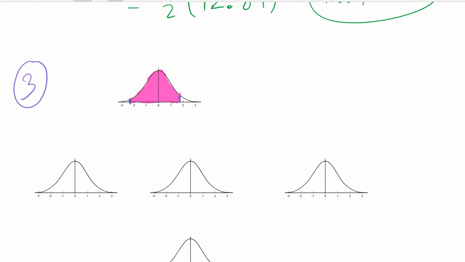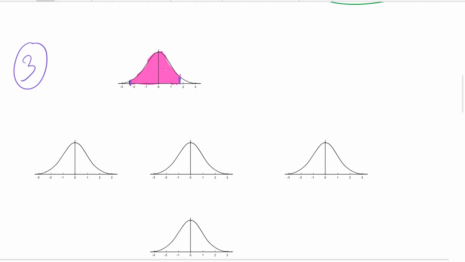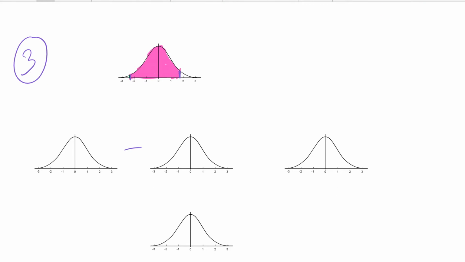But there is a relationship between the two. It's equal to the sum of 2 areas, and we're going to split this along 0 because we know it's symmetric about 0. Equal to the area from negative 2.1 to 0 plus the area from 0 to 1.8.